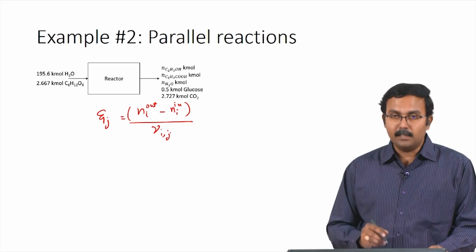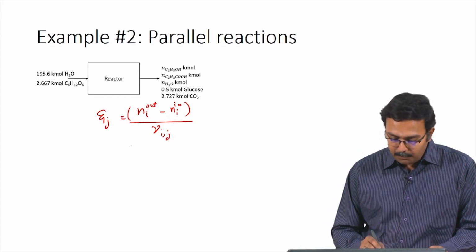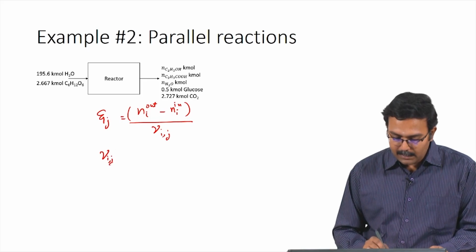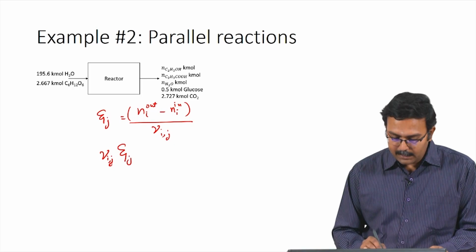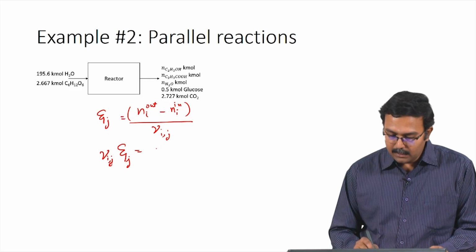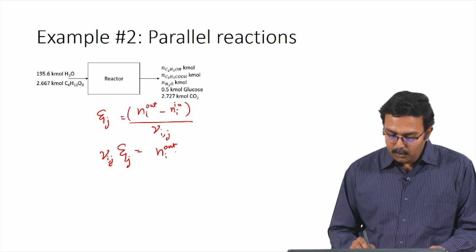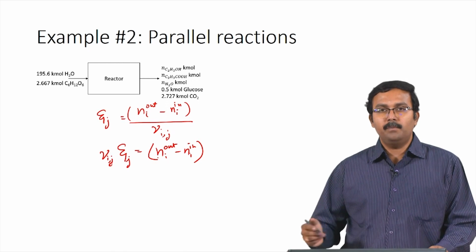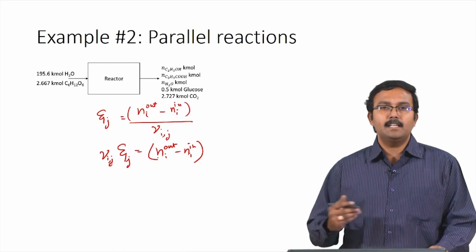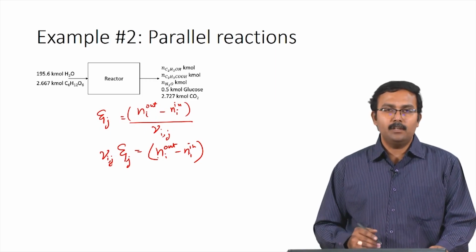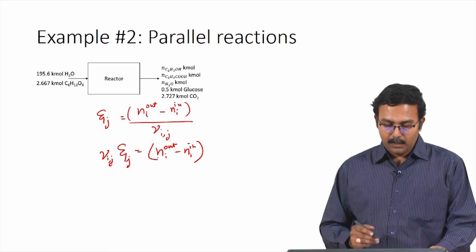So, from this equation we understand that the product of the stoichiometric coefficient of a component in the reaction J times the extent of reaction for reaction J would basically give us N out minus N in for a particular component, which is basically the change in the number of moles of a particular component. This could either be generation or consumption. Because of this, under steady state conditions, using extent of reaction, we can write the balance equation as follows.